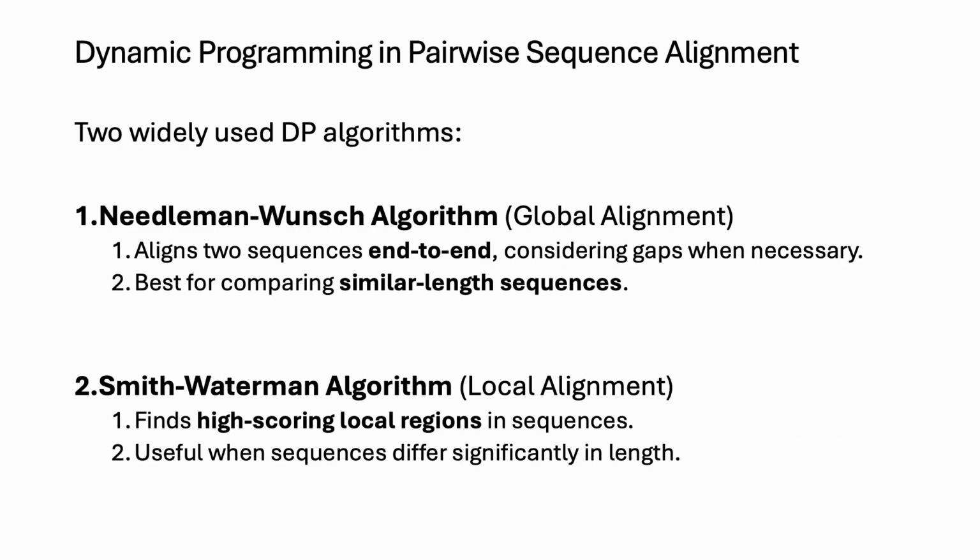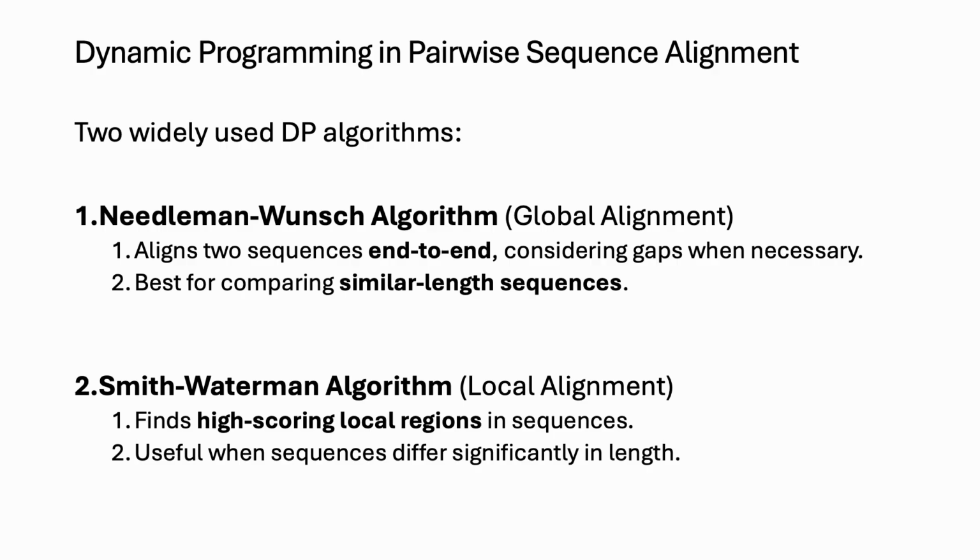In pairwise alignment, there are two widely used dynamic programming algorithms for sequence alignment. One is the Needleman-Wunsch algorithm, otherwise called the global alignment method. This method aligns two sequences end to end, considering gaps whenever necessary. It is best used when we are comparing two sequences of similar length.